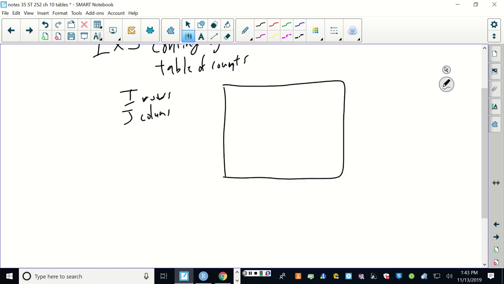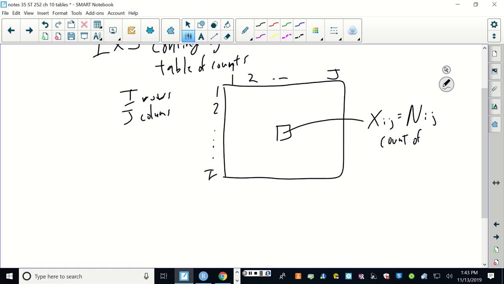And we put it in a table here where 1, 2, down to I rows, and 1, 2, up to J columns. And the number that shows up in one of these cells is called Xij. The book uses N. This is the count of units or observations or survey members or whatever that are classified in row I and column J.